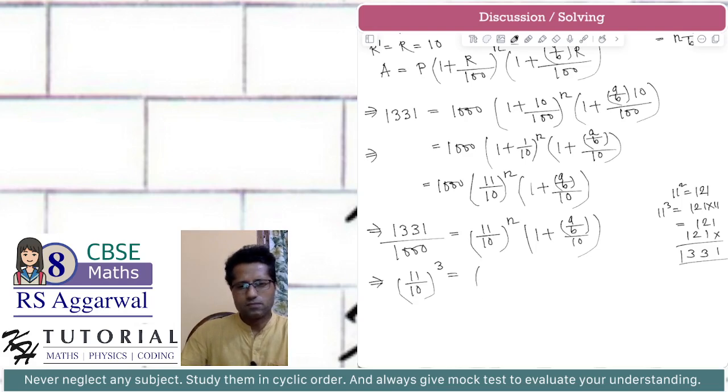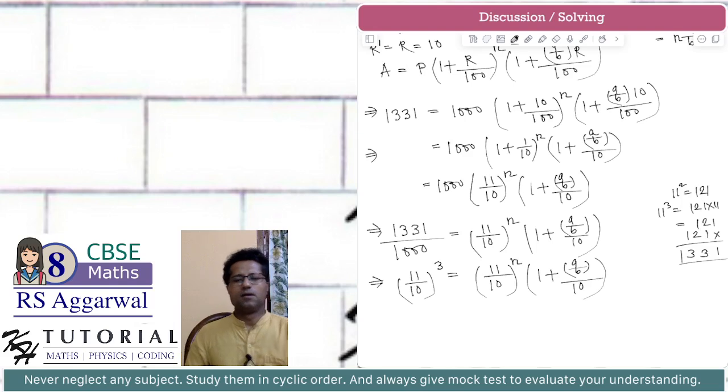is equal to 11 by 10 to the power n, and 1 plus a by b by 10. Now for this equality to hold, on the left hand side we have an exponential term where the base is the rational number 11 by 10, and the exponent is free. On the right hand side, we also have two factors.